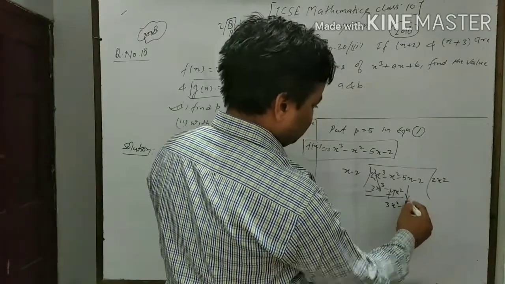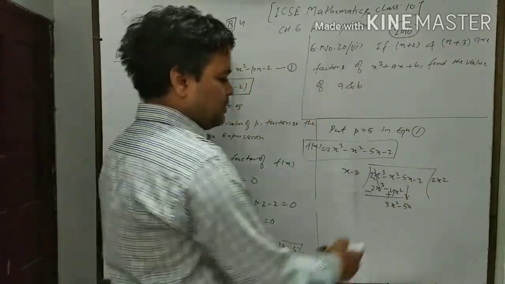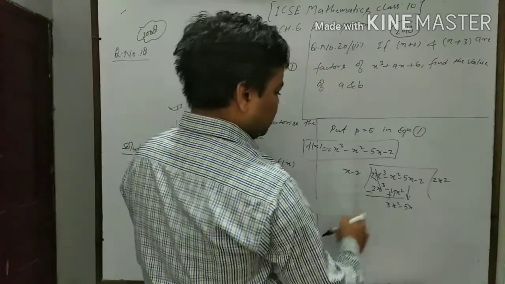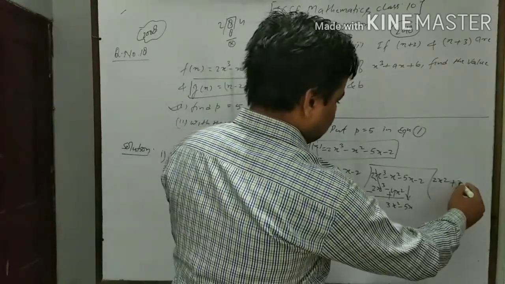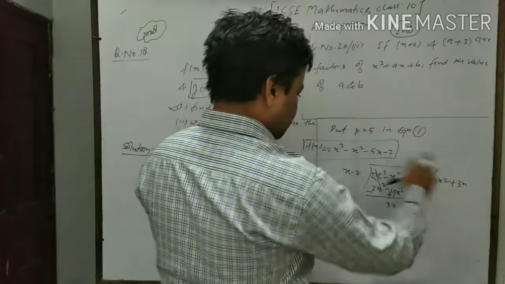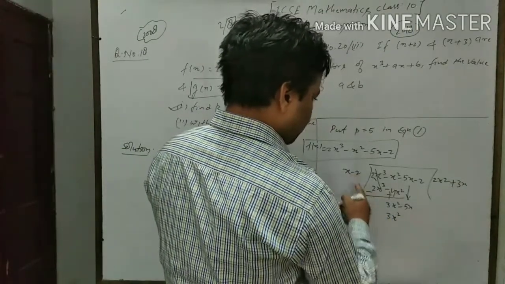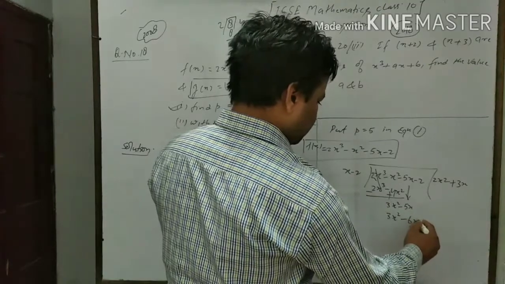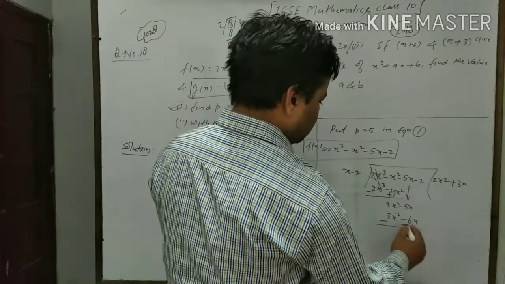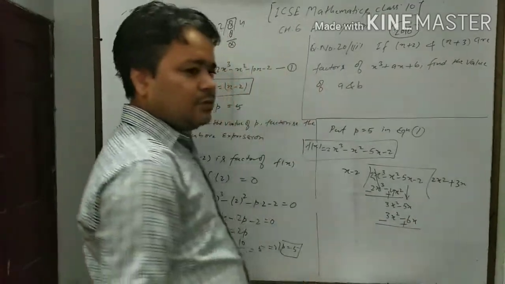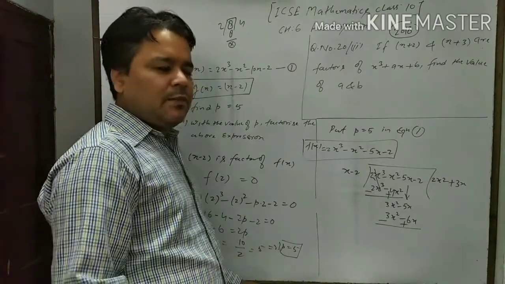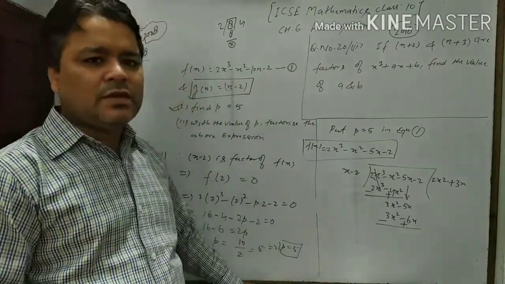Take the first one. Now again the first term 3x square divided by x, that will be plus 3x. Multiply 3x to this, it will be 3x square minus 6x. Again minus plus, because in division we always subtract, and during subtraction the sign will be changed.